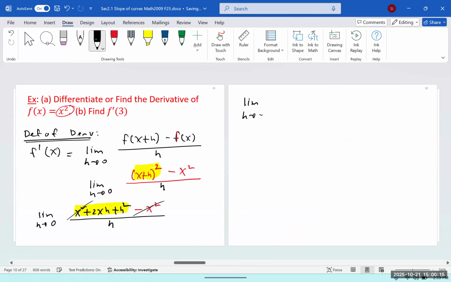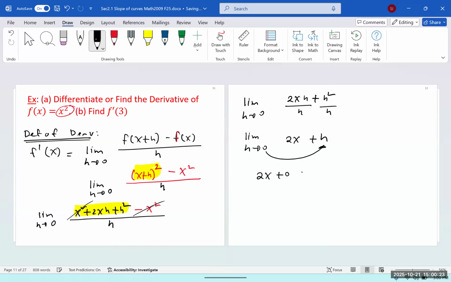Now you substitute h equals 0. So you get 2x plus 0, which is 2x.